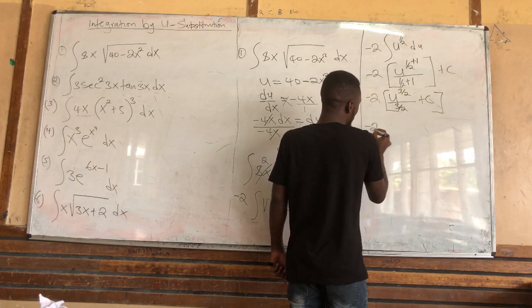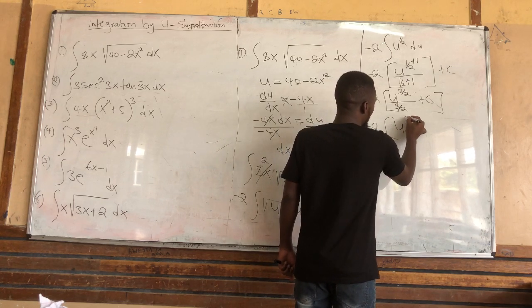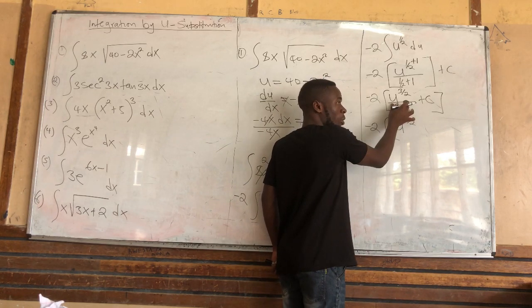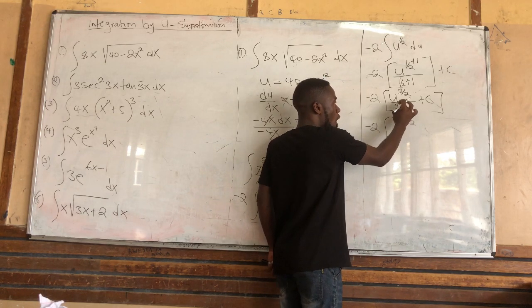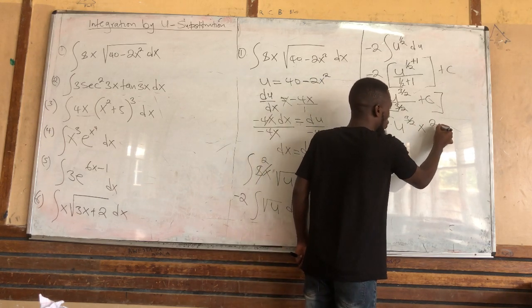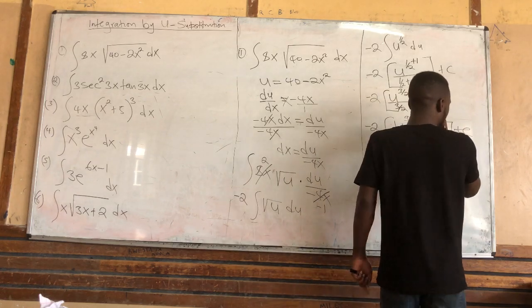So it will be negative 2 u to the power 3 over 2, over 3 over 2. If we want to introduce a multiplication sign, these two go up and this 3 goes down, so it will be multiplied by 2 over 3, plus c.